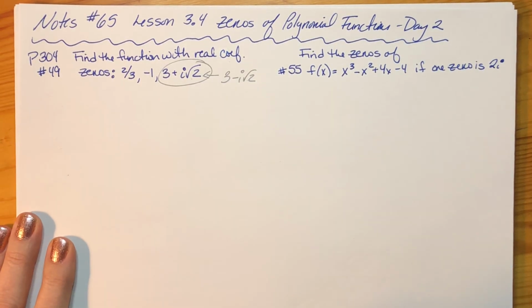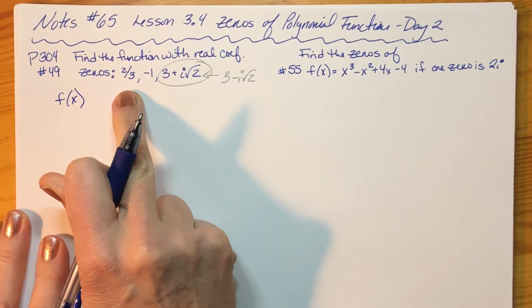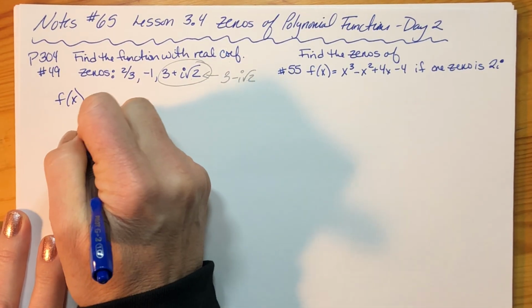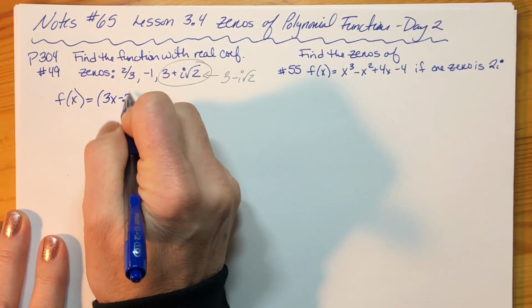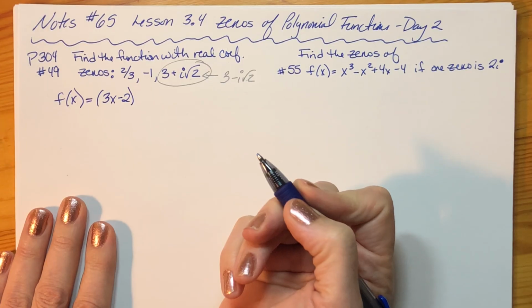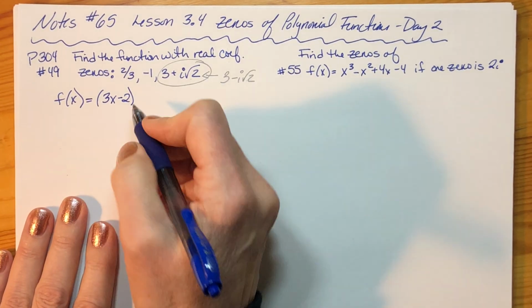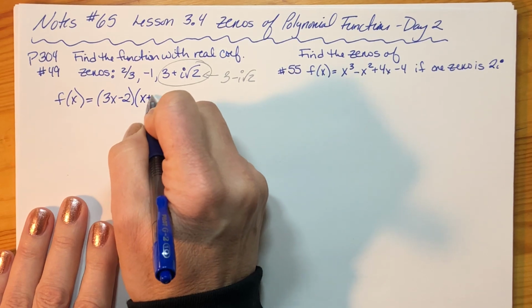So the first thing I'm going to do is write this in f of x form. And I've got 2/3. So I could write that factor as 3x minus 2. If you want, you could write it as x minus 2/3, but come on, honors, you probably want to write it as 3x minus 2. And then you've got -1, so that's going to be x plus 1.